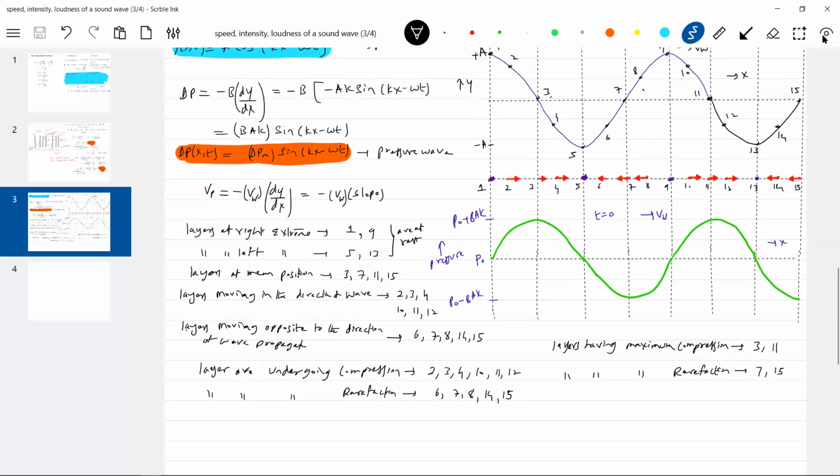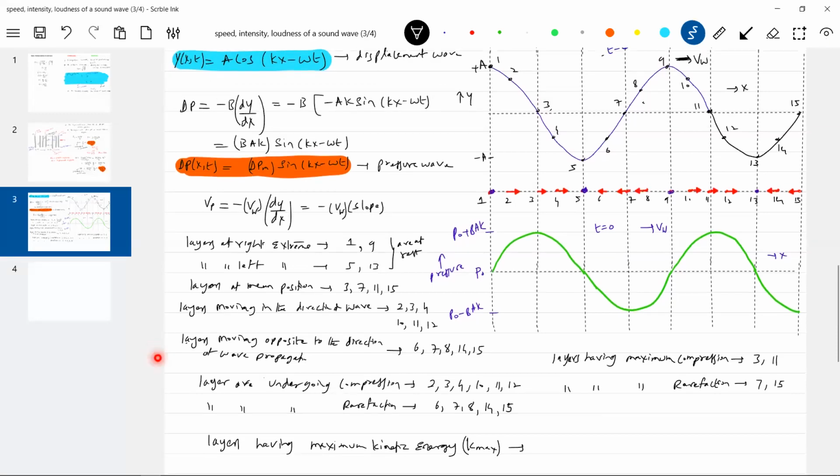This is very important. Layers having maximum kinetic energy, K max: 3, 7, 11, 15.